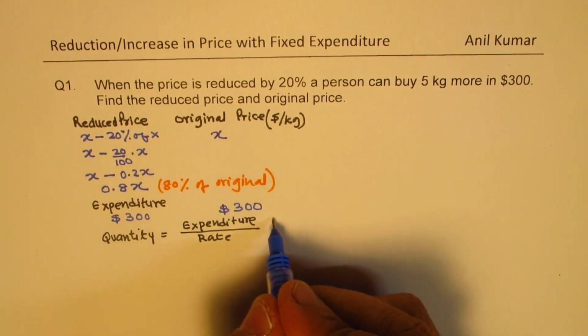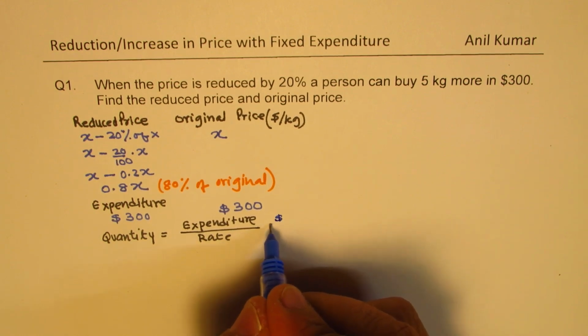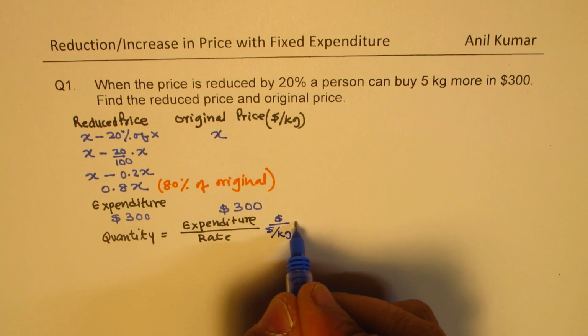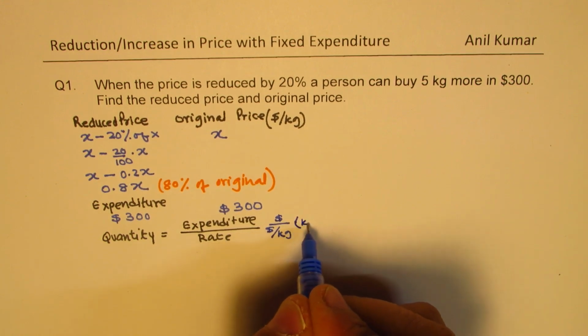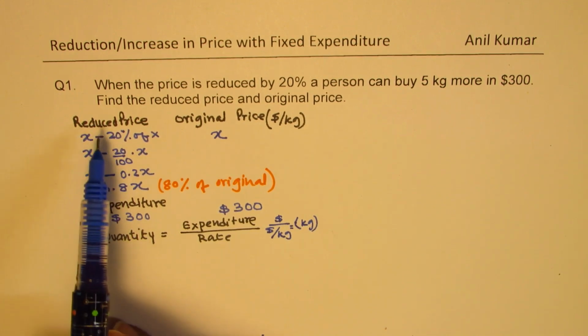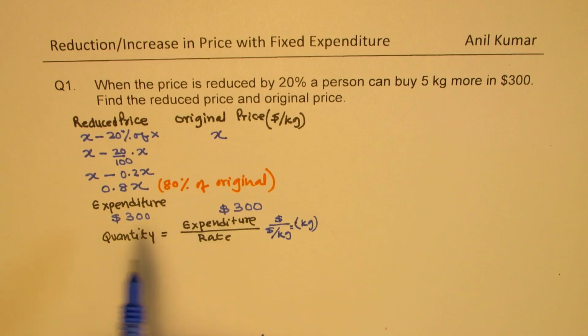We have expenditure in dollars, and the rate is in dollars divided by kg, which gives you units as kg only, correct? Dollar, dollar cancel. So you get quantity in kg. Perfect. Makes sense?